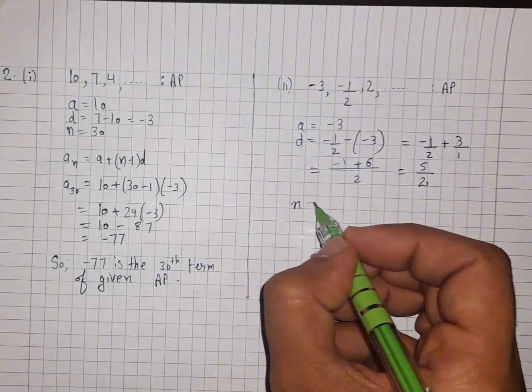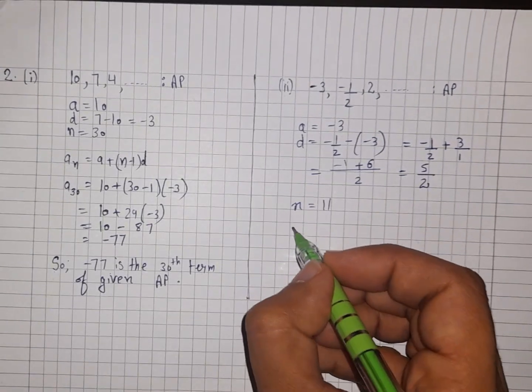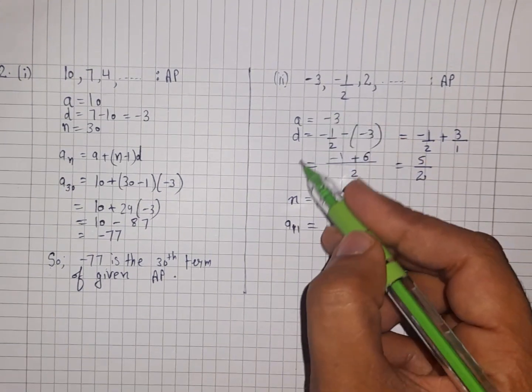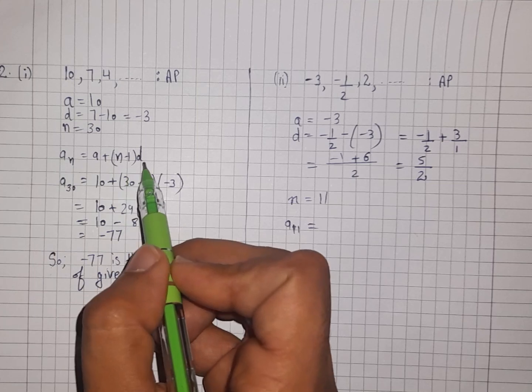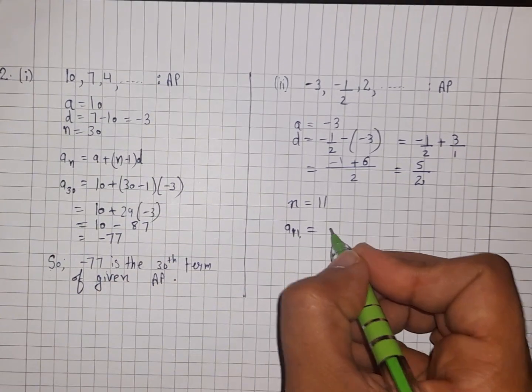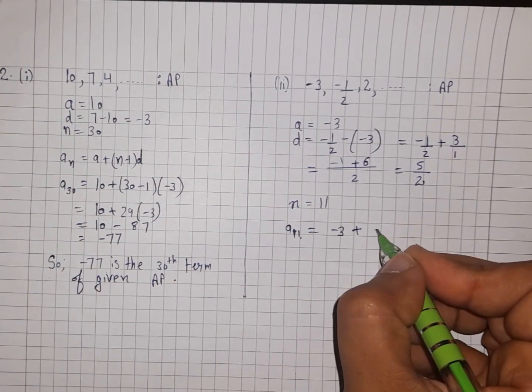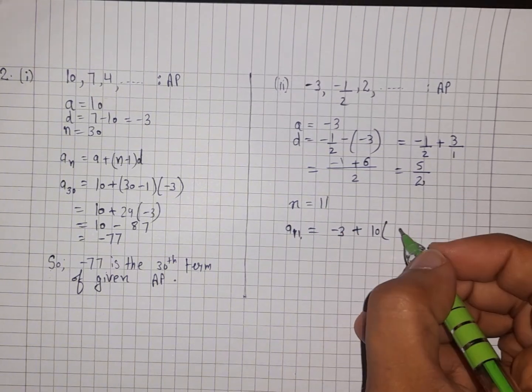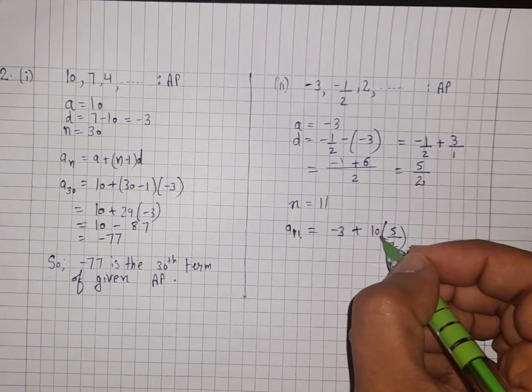So n equals 11. After putting the given values in this formula, we will get a11 equals a plus (n minus 1), that is 11 minus 1 equals 10, into d, 5 upon 2.